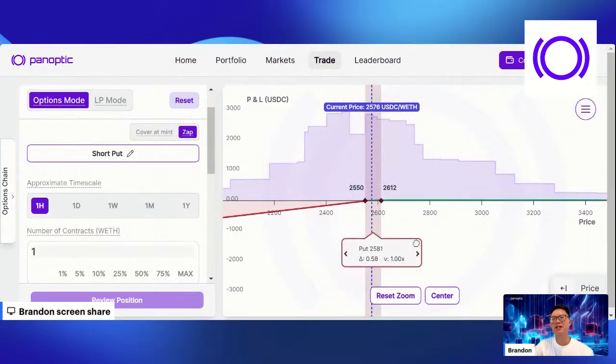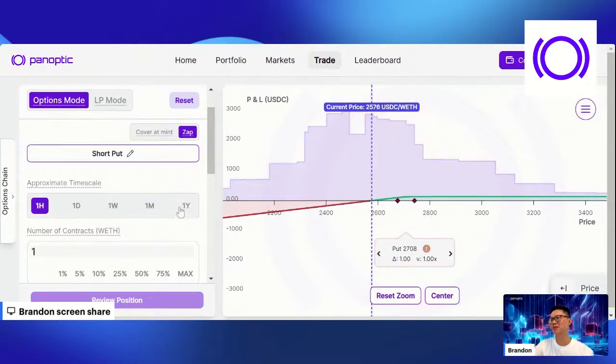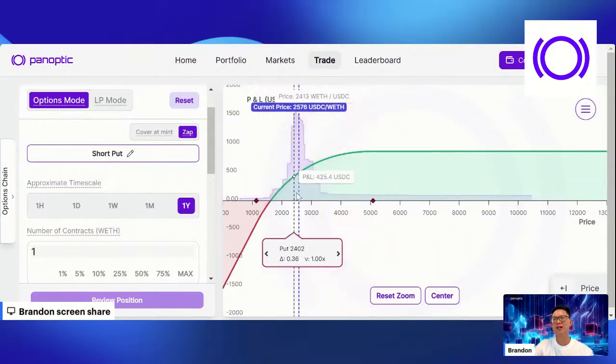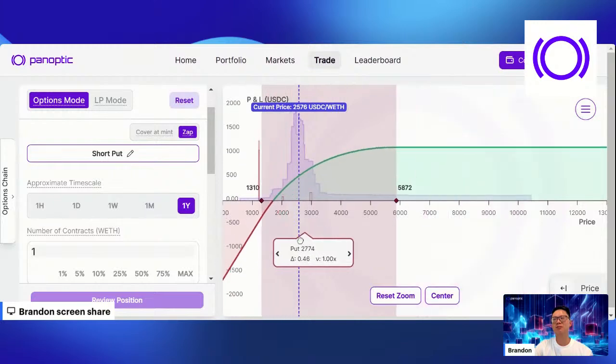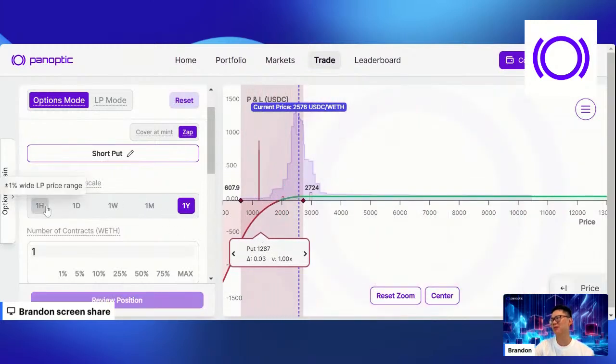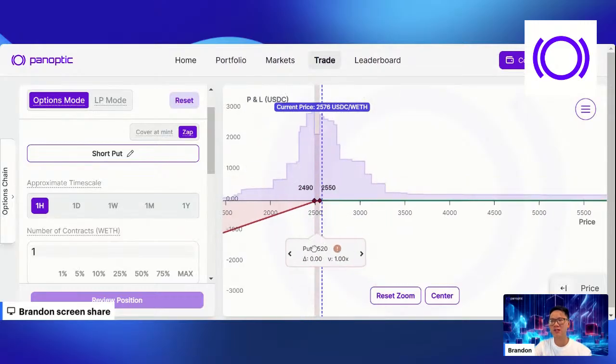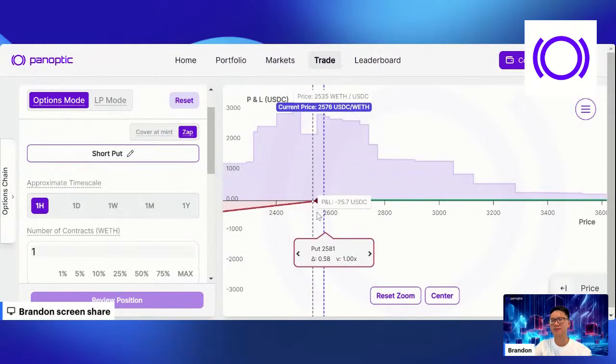And so this has, I believe, a very small, high gamma compared to this wider position that has very low gamma, because the rate of change of delta is a lot more gradual and smooth compared to a thin LP position where the rate of change of delta is going to be really fast.